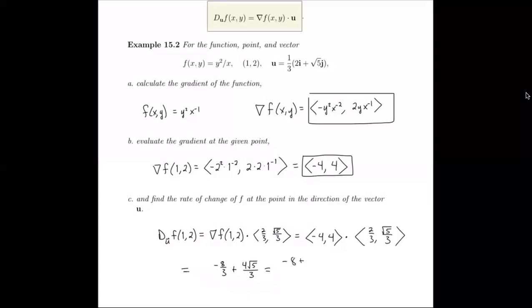Negative 8 plus 4 root 5. Knowing what these operations yield as their result, in terms of what kind of mathematical objects they really are, is crucial to knowing whether or not you've got something right. And you can catch a mistake like this one pretty quickly.